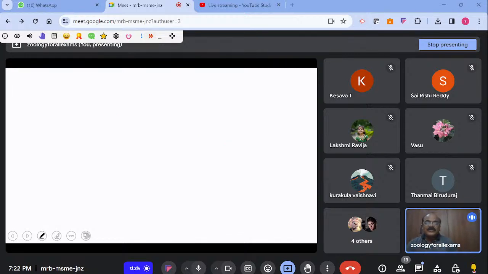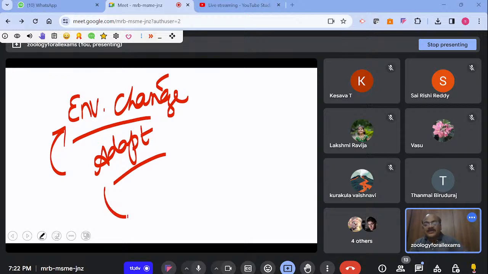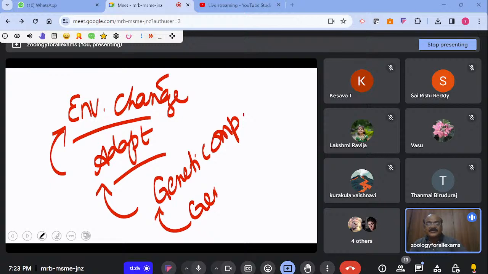So no evolution will take place unless there is a need. What is this need? The need is a change in environment. When the environment changes, the organism tries to adapt itself to it. As it adapts, it brings about a change in its genetic composition, which results in genetic divergence.